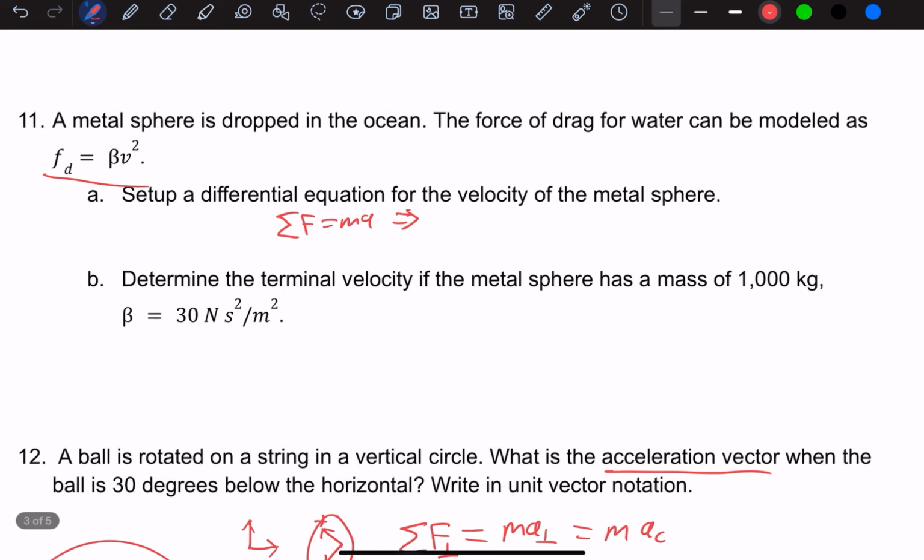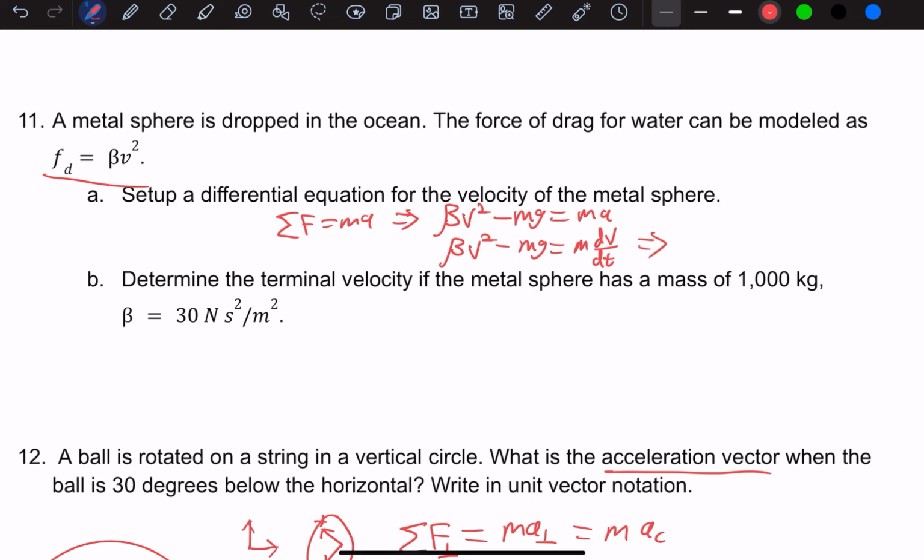This is dropped in the ocean, so there's a force of gravity going downwards, and a force of drag going up. So we have beta v squared minus mg is equal to the mass times acceleration. But the acceleration is dv/dt, so we have beta v squared minus mg equals mass times dv/dt.